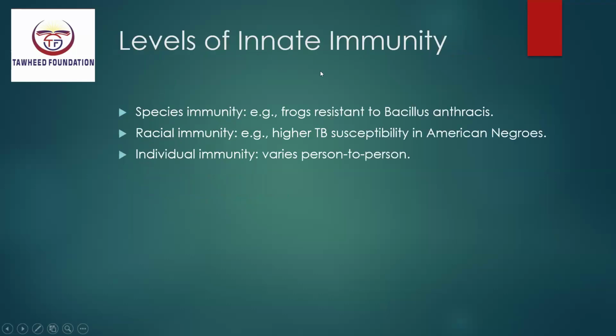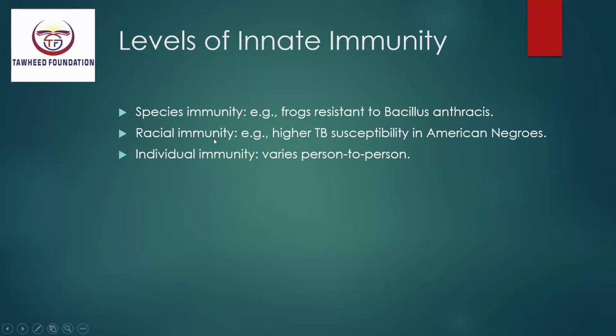Levels of innate immunity. First is species immunity. Species immunity is the innate immunity towards a microbe exhibited by all members of a given species. For example, frogs are resistant to Bacillus anthracis while toads are susceptible. Second is racial immunity.